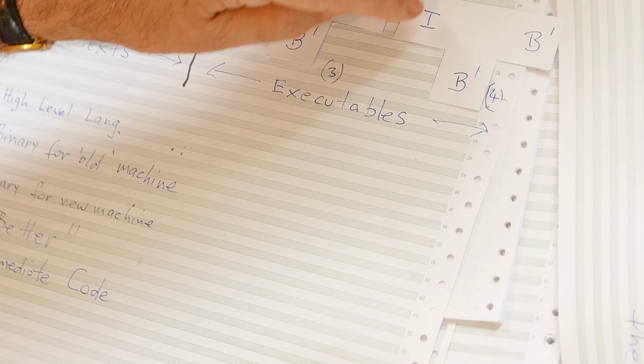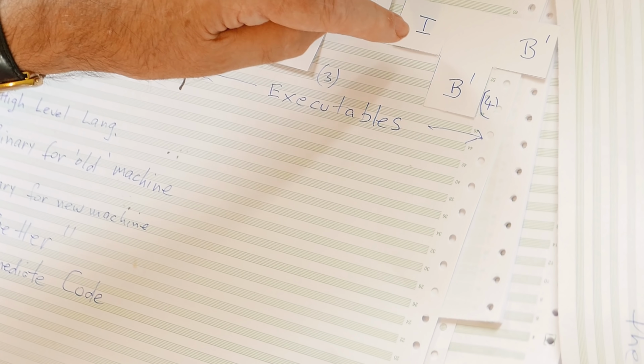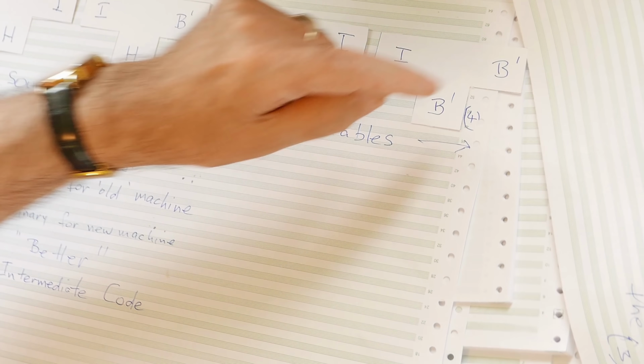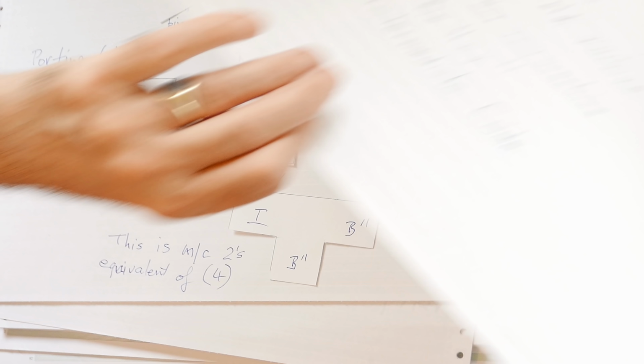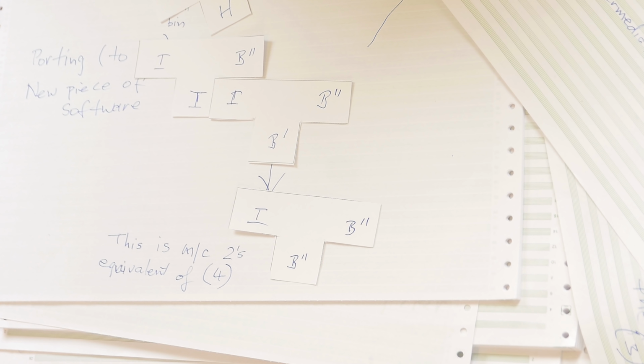Look, back in the early days when we only had one machine, you needed an I compiler to take I into binary prime there. What we've now done with all this jiggery-pokery with T-diagrams is we have produced ourselves an I, B double prime. It is totally on the new machine now. It doesn't rely on B prime at all.